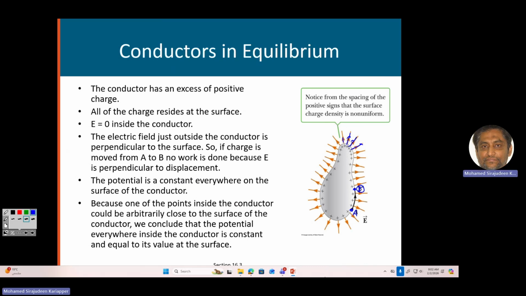A is on the surface, B is also on the surface of this conductor. And I'm going to move the charge at point A along the surface to point B. What will be the work done?